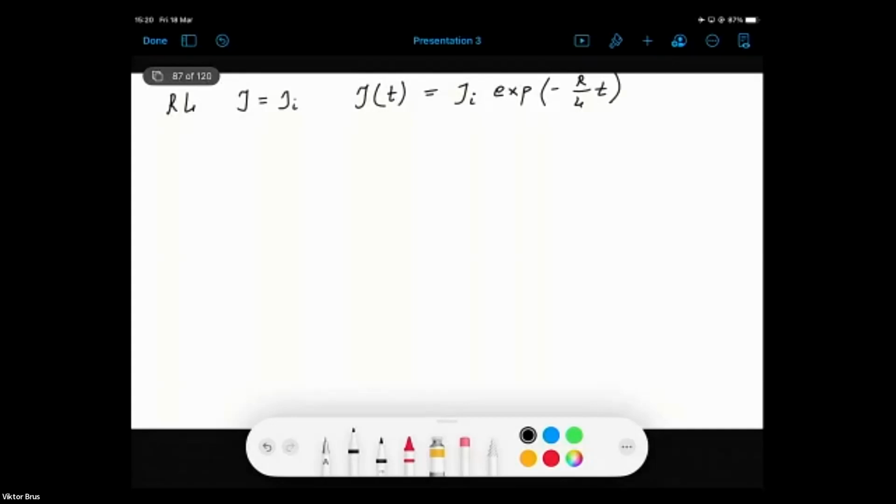So we see that it's an exponentially decaying function. Over time, electric current will exponentially decrease its magnitude. We derived this equation previously.